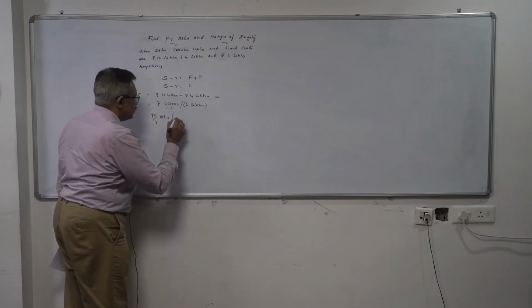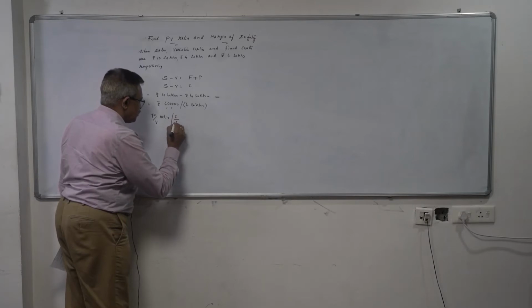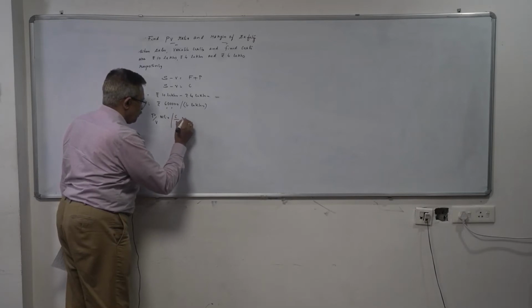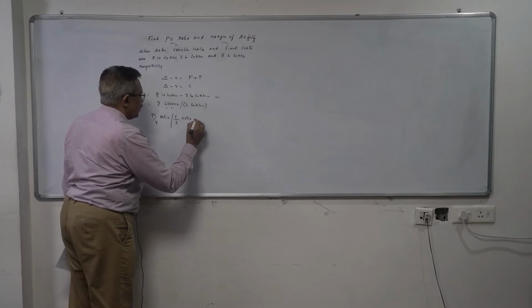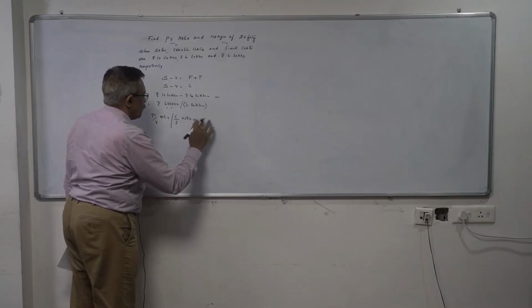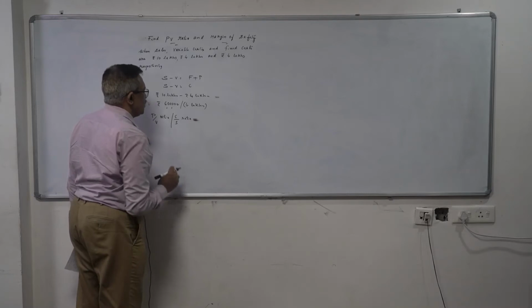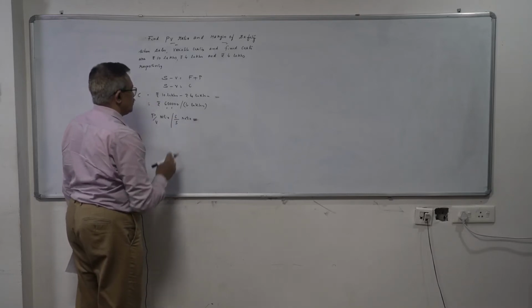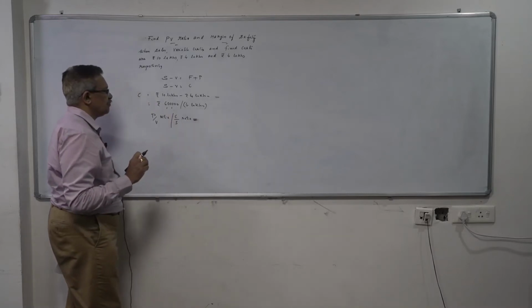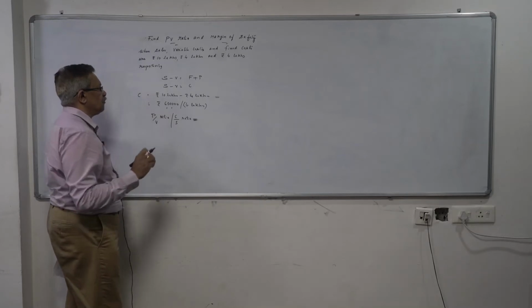This can also be called the C by S ratio. We can find it out by using the C and S figures, the contribution and sales figures.